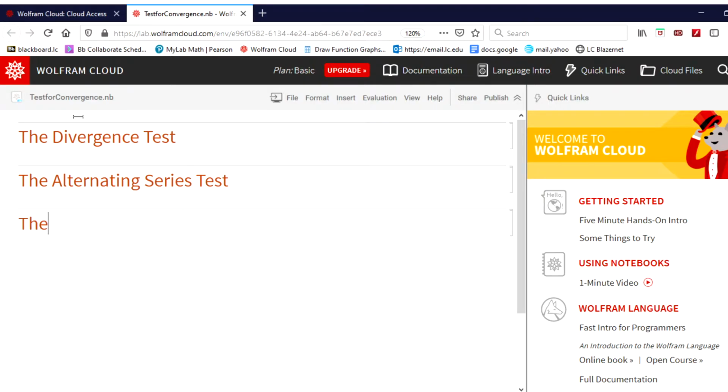Maybe we do then following that with the integral test. And I'm going a little out of order here, folks. Reason being is that the alternating series test is very much like the divergence test, if we recall that. Then we had the limit comparison test, folks. In this demo, I do have some programs to share with you for these 4 respective tests.